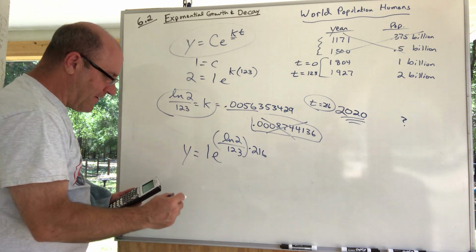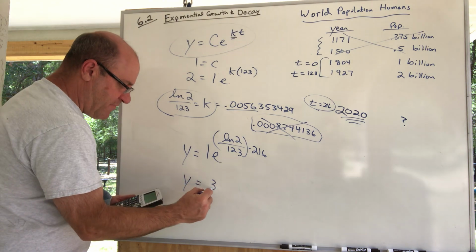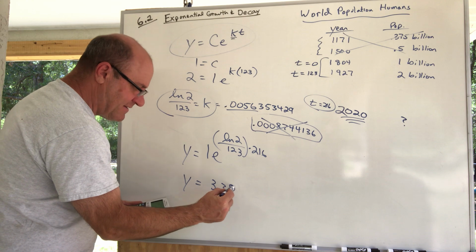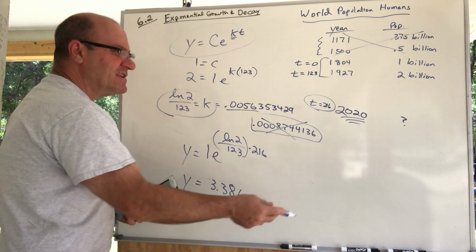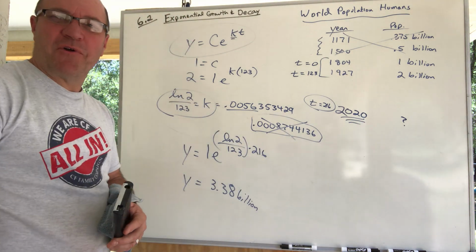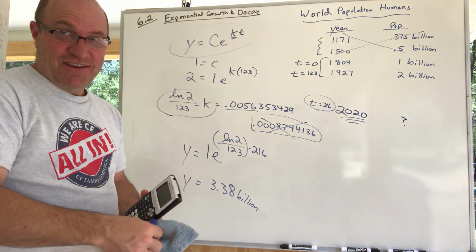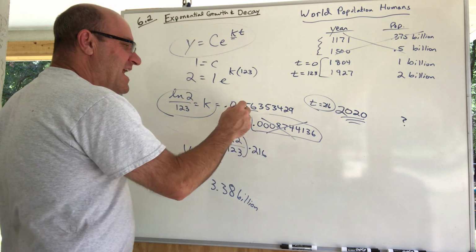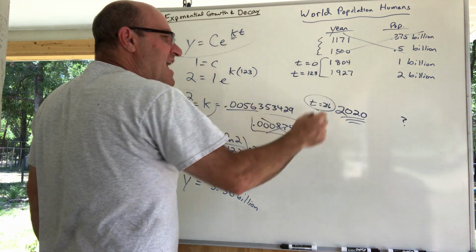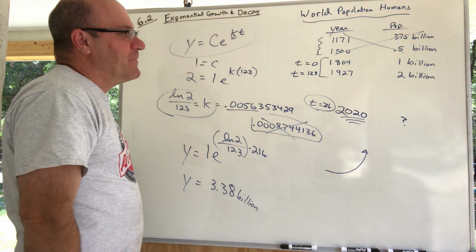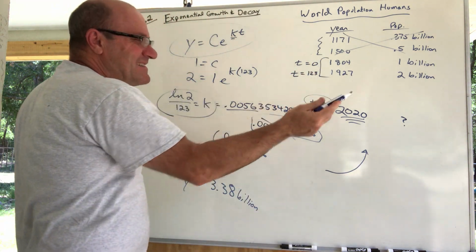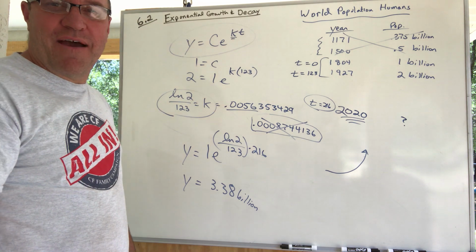There's one. Wow. Okay. 3.38 billion people. That's the population in 2020. Guess what? That's wrong. That wasn't good enough. So again, this k, using these data points, this k was trying to predict the future, and again, the k changed between now and then.